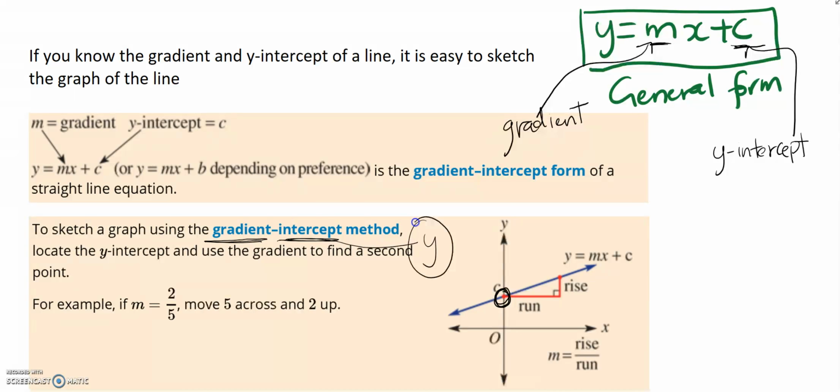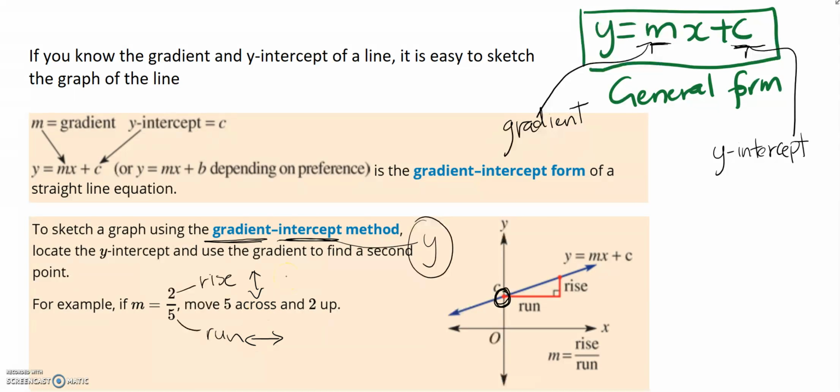For example, if we have a gradient of 2/5, remember, the numerator represents the rise and the denominator represents the run. The rise means you go in an up-down direction, and run means you go in a left-right direction.